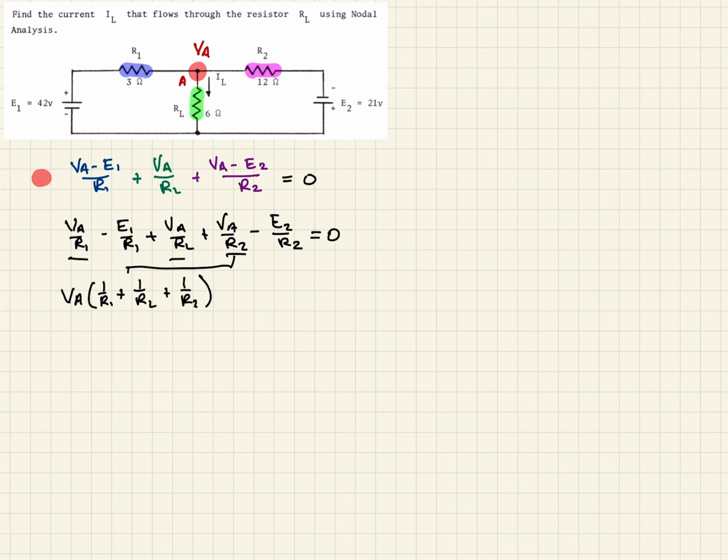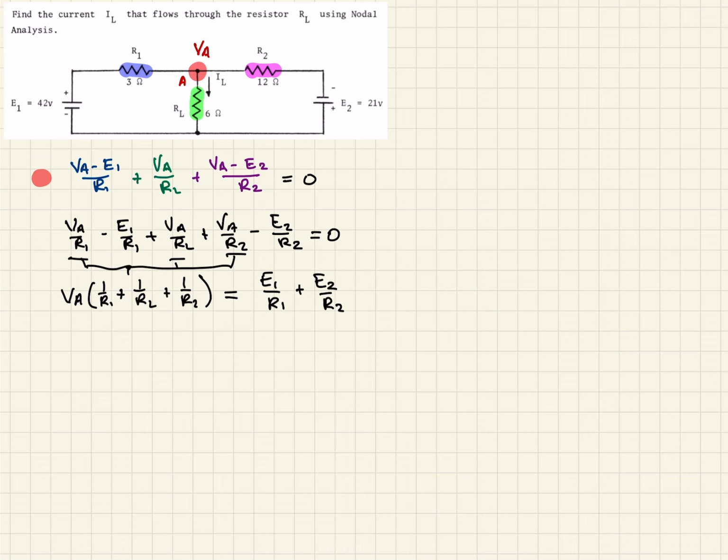And so that's using these three terms here to get that. And then we can move over to the other side of the equation. We'll have E1 over R1 plus E2 over R2.